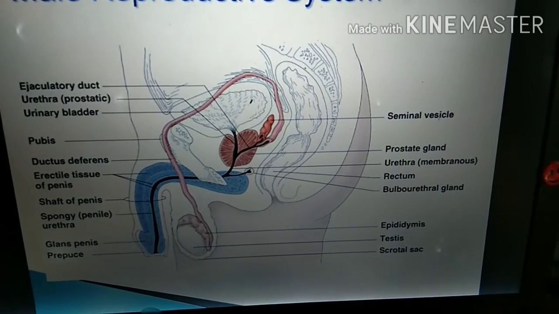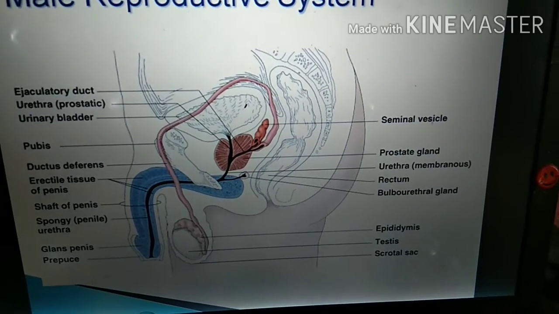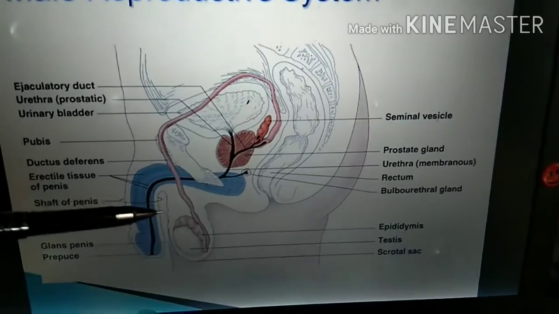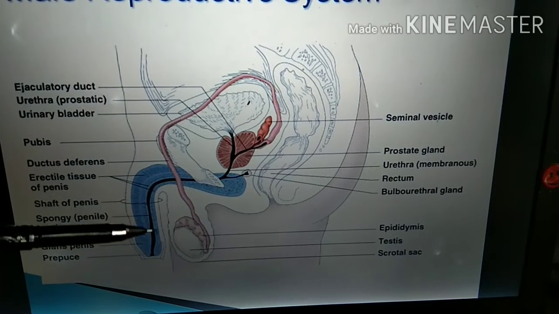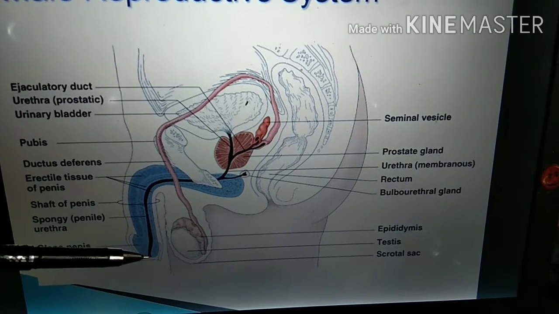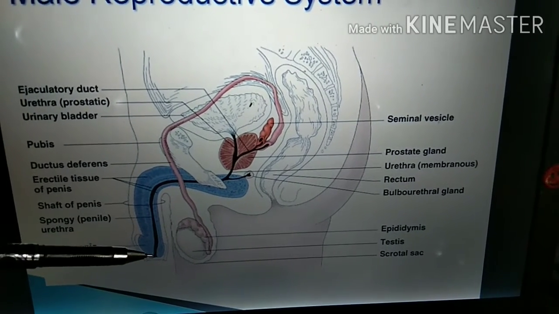So, once the male reaches orgasm, semen comes out at the end of the urethra.